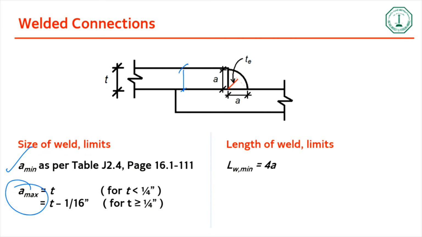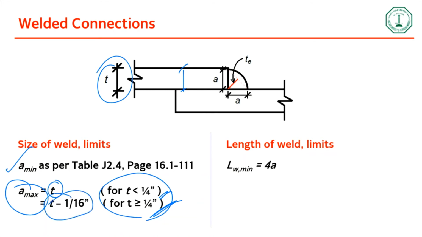If the value of t is less than 1/4 of an inch, the maximum value of a is t itself. Now, if the value of t is higher than 1/4 of an inch, the value of a max is t minus 1/16 of an inch.